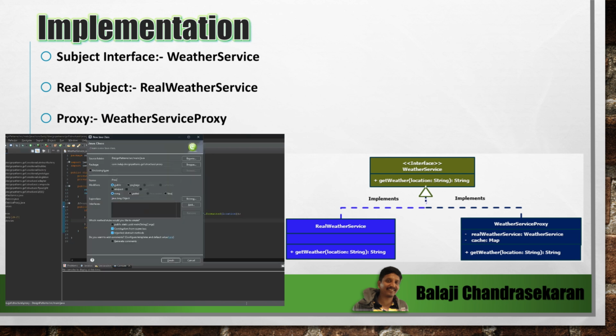The ProxyPatternDemo client class uses the proxy to get weather data. It demonstrates how the proxy serves cached data for repeated requests to the same location.